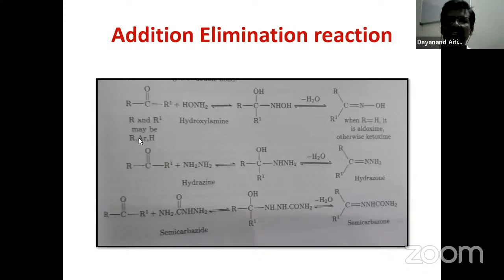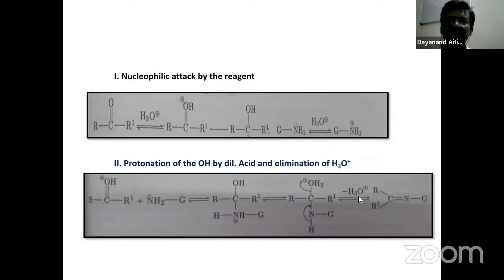This is a very important reaction for our Wolff-Kishner reduction also. We will see this reaction in Wolff-Kishner reduction. This is semicarbazide. We add this semicarbazide, and it forms semicarbazone.